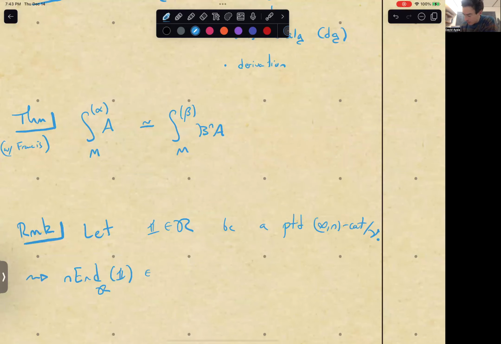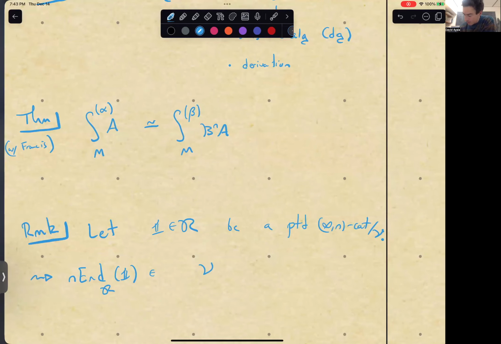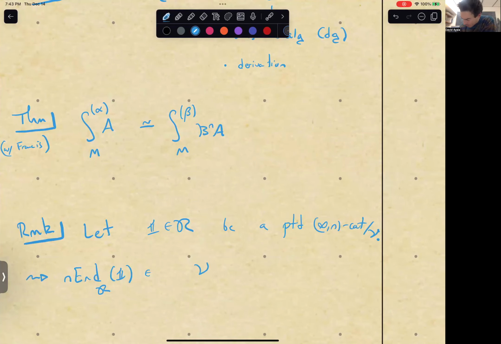So this is a chain complex, or generally this is some object in V, but the composition rules give this an n-1 sphere worth of composition rules, and really what I mean is this will have the structure of an EN algebra in V.